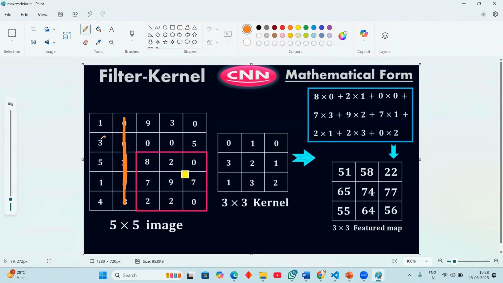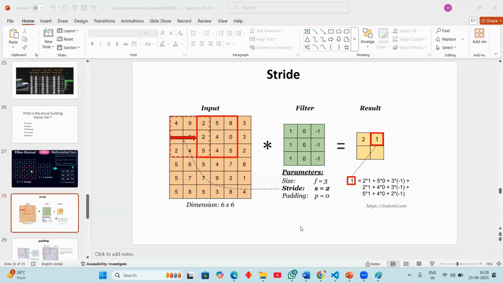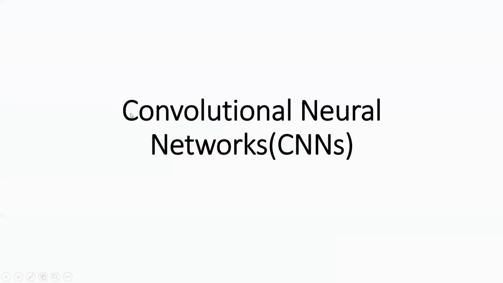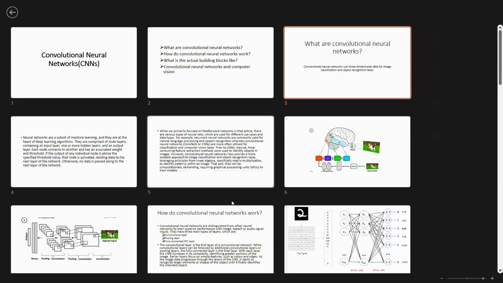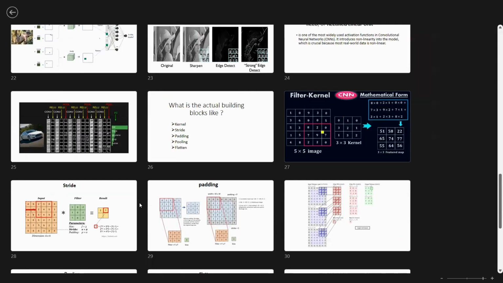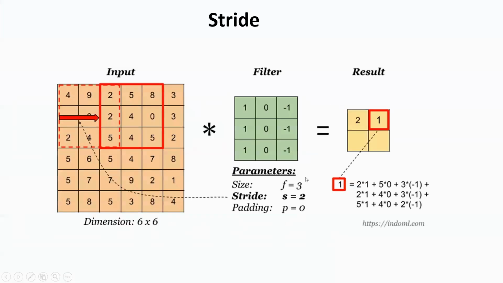Each column and each row will be removed while forwarding the iterations. So it is nothing but stride.